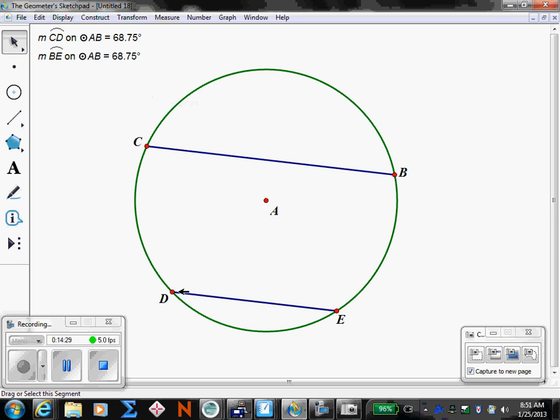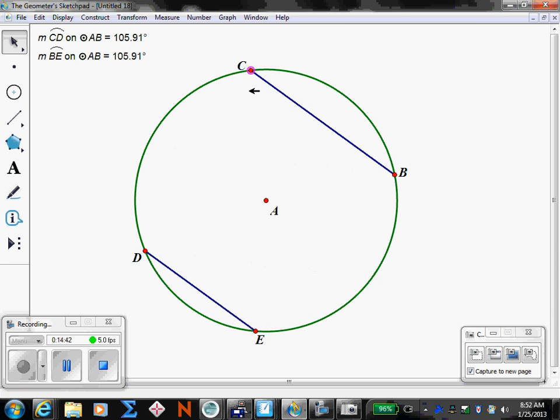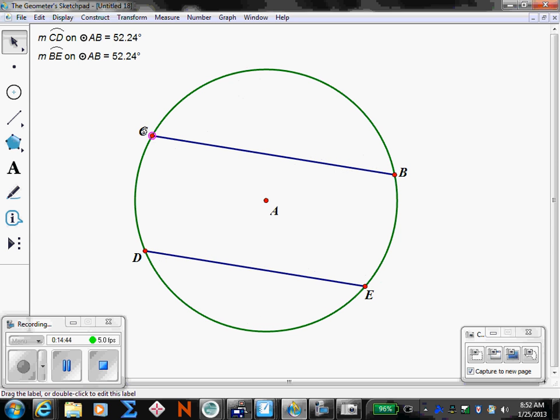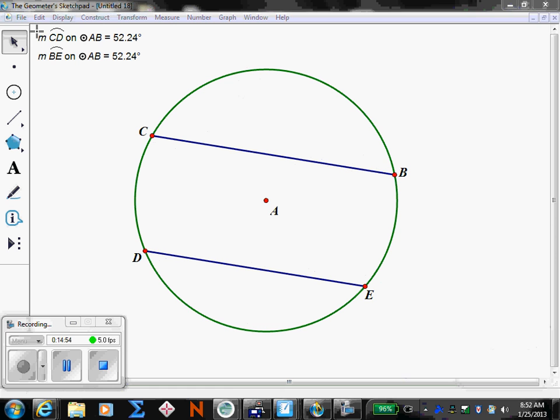So what happens is the parallel lines make congruent arcs. So you can see that no matter if I move the points around, my arcs in between the two parallel lines are congruent. So let's complete the last conjecture, and that's it for today.